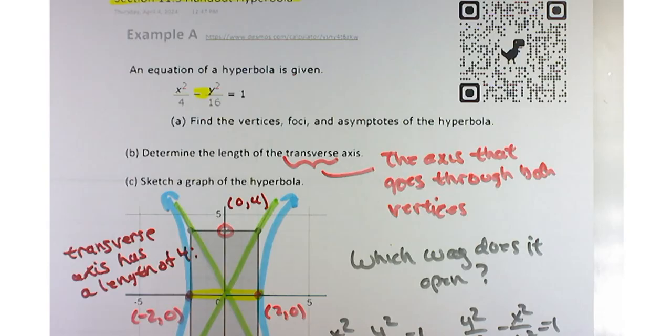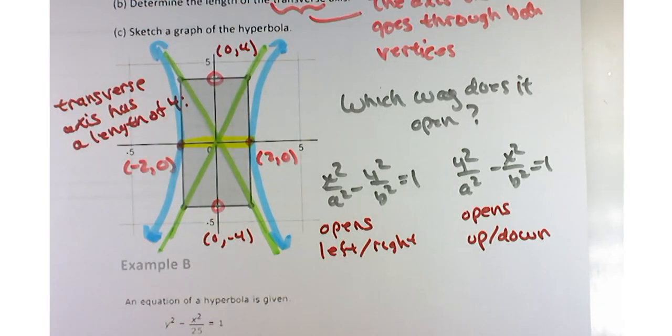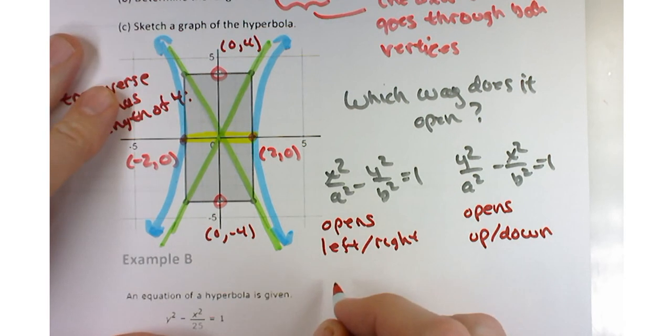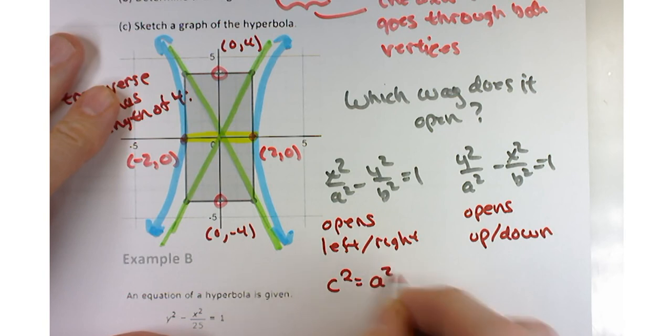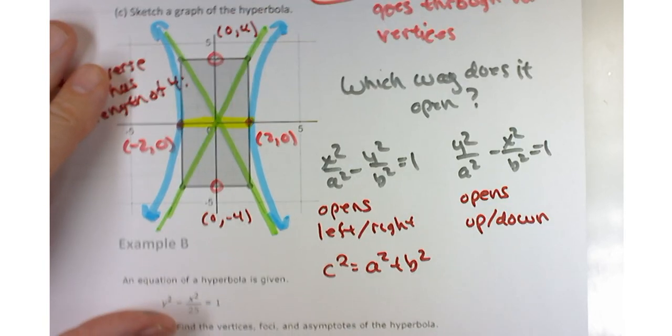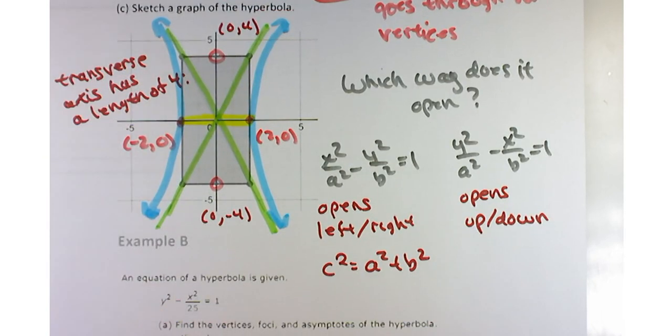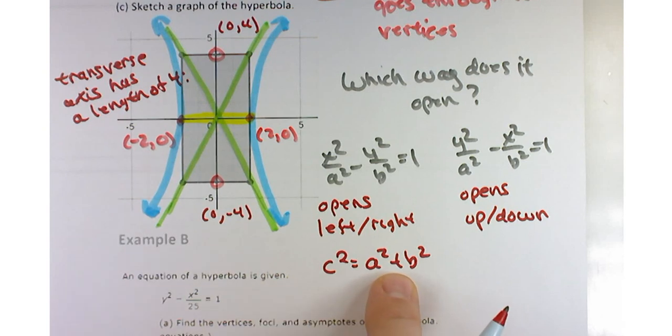To keep things absolutely confusing, in calculating the foci for hyperbolas, we're going to calculate c squared equals a squared plus b squared. Now, why do I say that's confusing? Well, it's confusing because when you're working with ellipses, this is a minus in here. With hyperbolas, it's a plus.